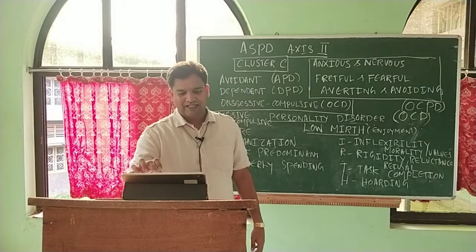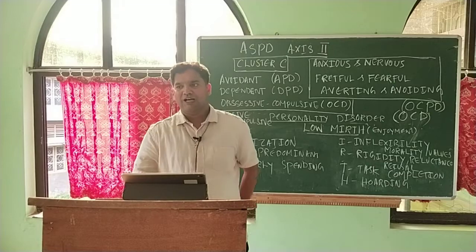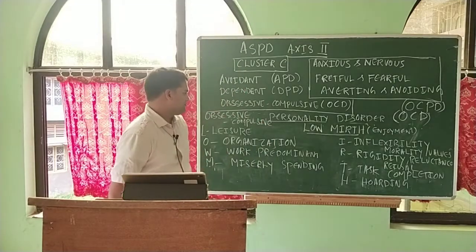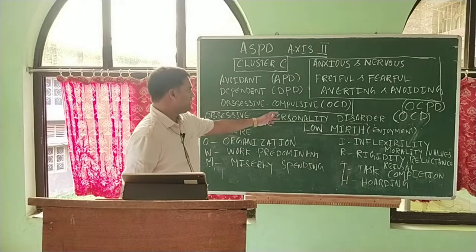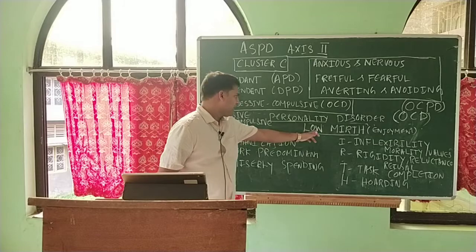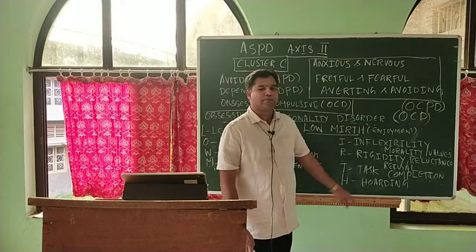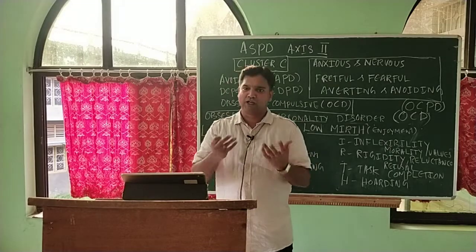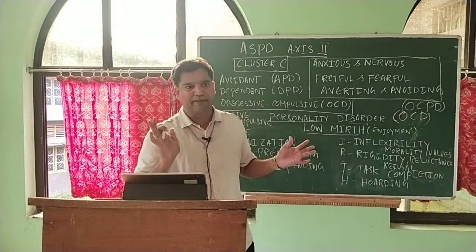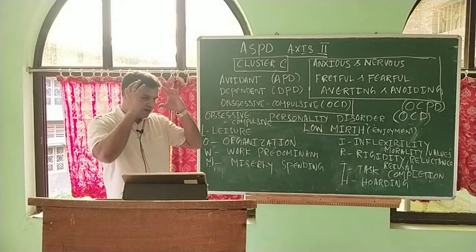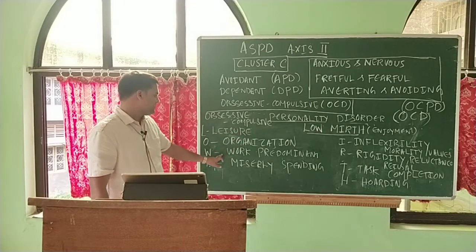So these are the characteristics of obsessive compulsive disordered people. Just to sum up, basically they have anxiety and nervousness, and also a lot of fear. And the acronym that describes their personality is LOW MIRTH. Mirth means enjoyment: low enjoyment or no enjoyment, no merriment in their lives. No leisure activities; they are fully organization focused.